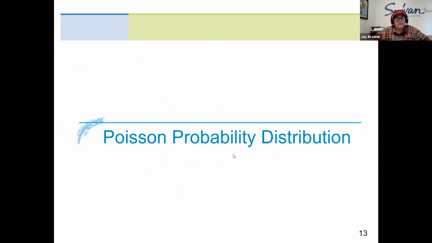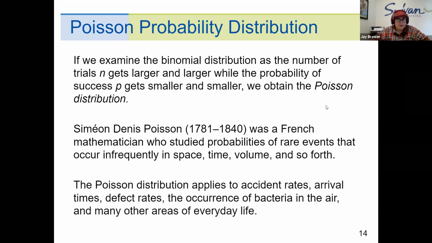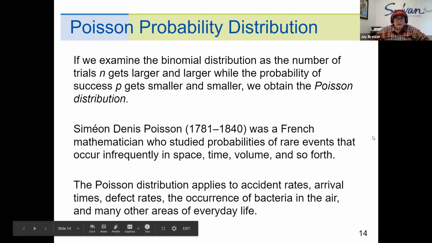All right, Poisson probability distribution, a little bit different, named after one of our French mathematicians. I'm not going to try to pronounce the French pronunciation of that. Outside of probabilities, he also did a significant amount of work in physics, and a lot of his math relates back to that.